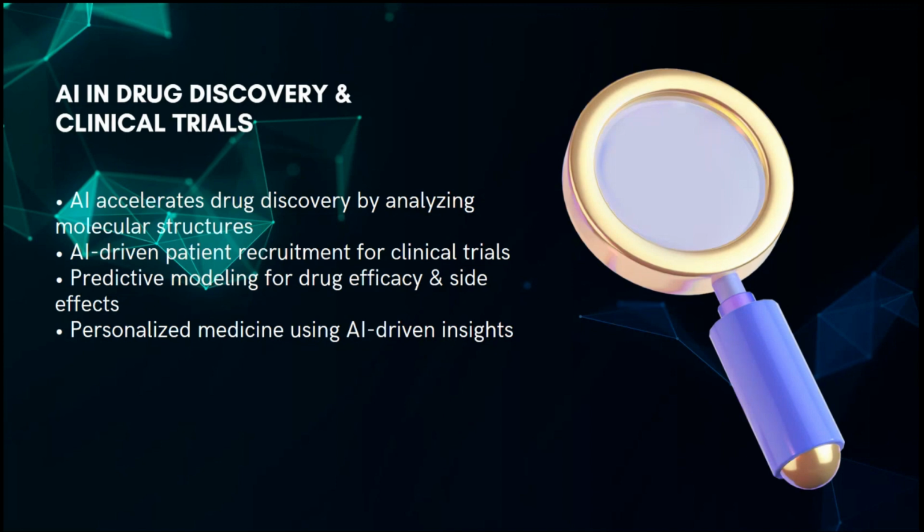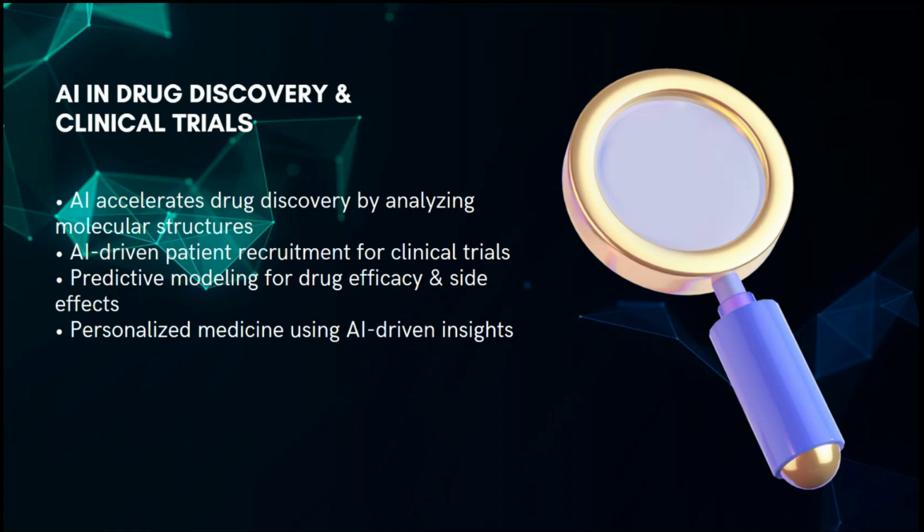And personalized medicine. So right now, most of the companies, there is an example which is Tata 1mg, which is working on AI driven insights. So let's say you go on the site, and you have a prescription from the doctor, and you just upload that particular slip of medicines, and then it will detect everything, and it will show you that, okay, you have these kinds of diseases, and you should take these kinds of medicines.